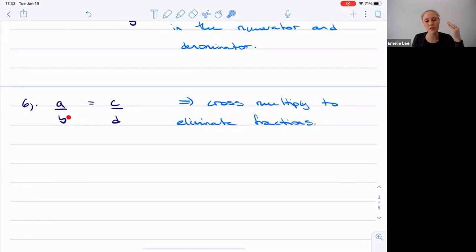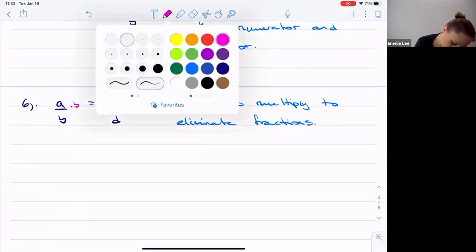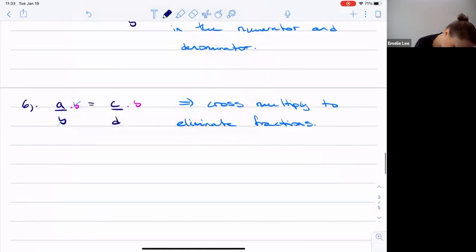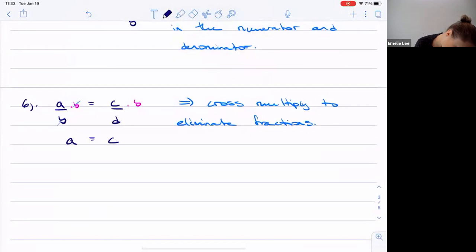So you end up doing the opposite of what's happening. Here you'd have to multiply by b, but from that previous property, those b's are going to cancel. So you have a is equal to c b over d.